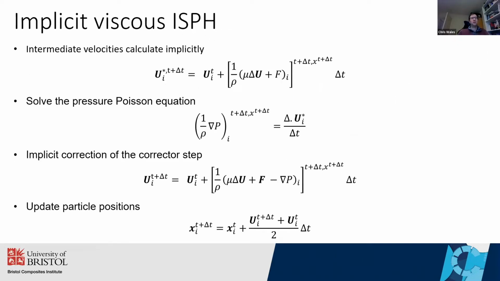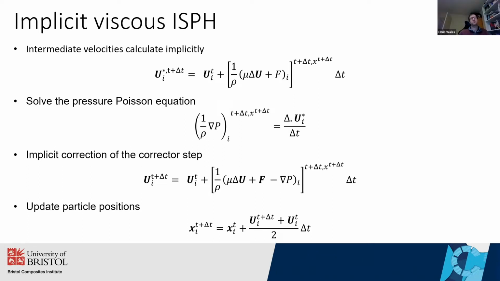So the main approach is very similar to a standard incompressible SPH solver. We calculate our velocity based on the momentum equation without the pressure terms. The main difference from standard ISPH is that this is now solved implicitly, so we have one linearization there.